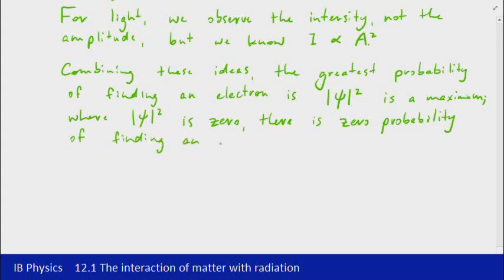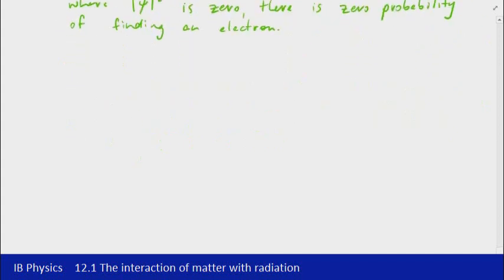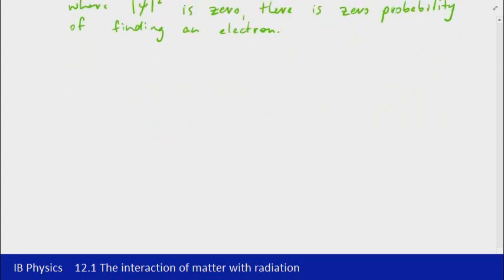So that then leads us to the idea now of the probability of finding an electron. So we're not actually talking about directly observing where the electron ends up. We're talking about the probability of finding electrons in certain regions, if we allow a lot of electrons to be diffracted.